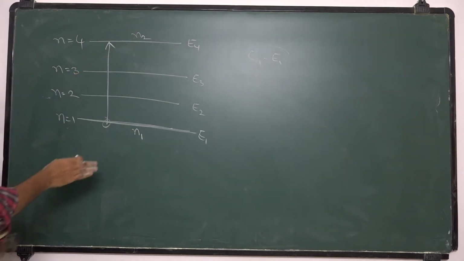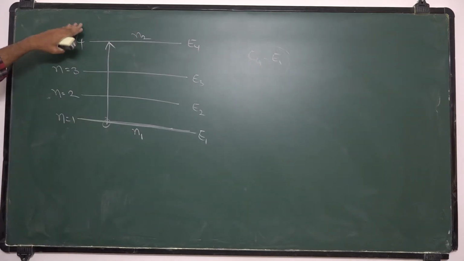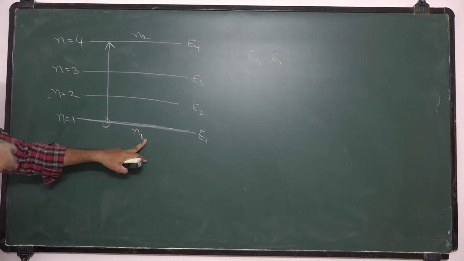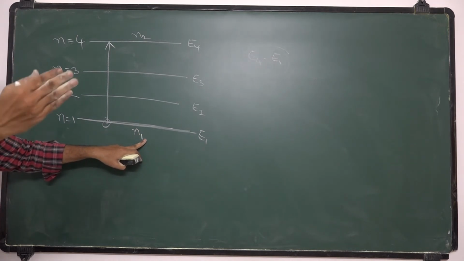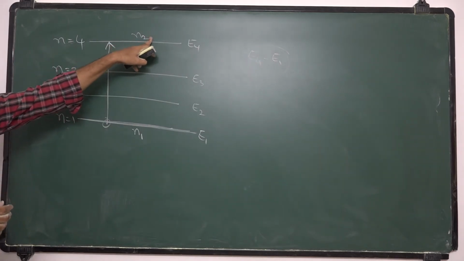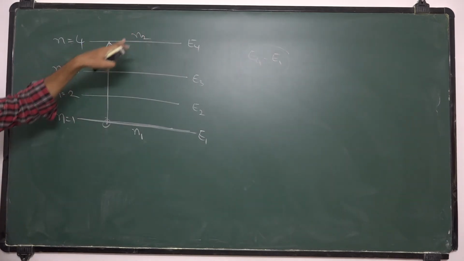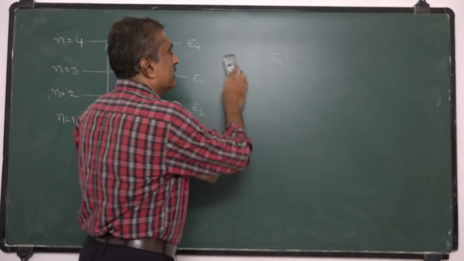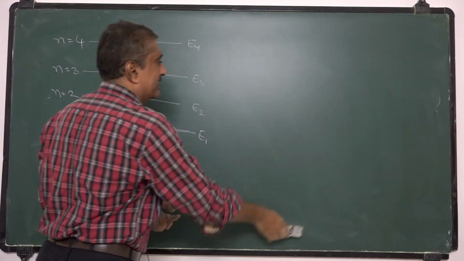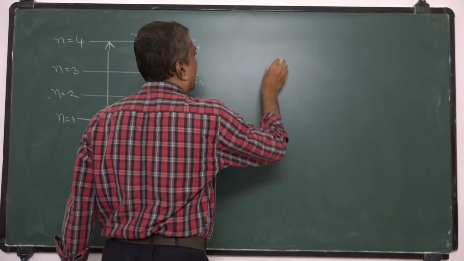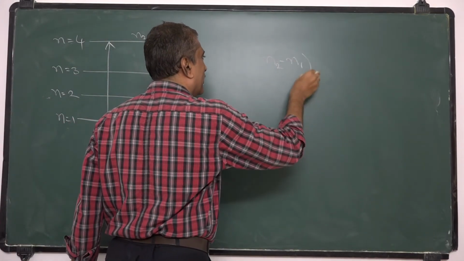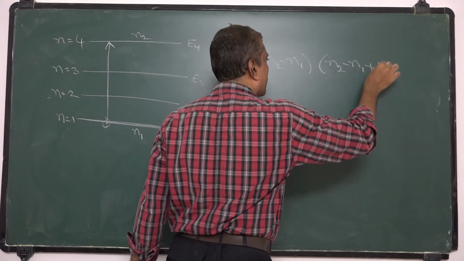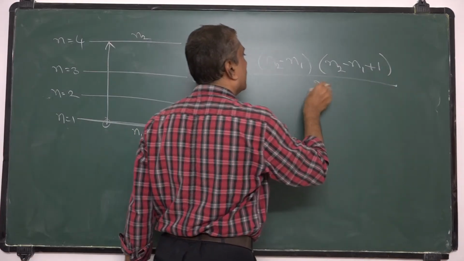Suppose an electron in the N1 state excites to a final state N2. Then from the N2 state it de-excites to the N1 state. The number of possible transitions is given by this formula: N2 minus N1, into N2 minus N1 plus 1, whole divided by 2.